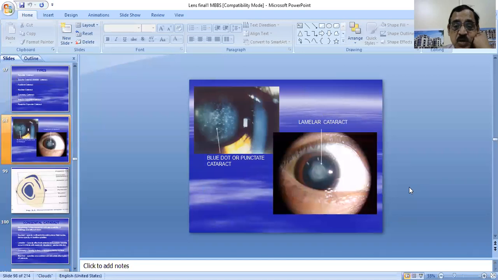So this is a blue dot or punctate cataract, and this is lamellar cataract or zonular cataract. This circular opacity is present in the cortical area, and sometimes two such things will be there, and there can be riders from this opacity in case of zonular cataract.